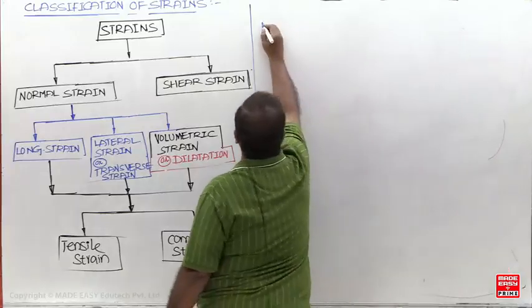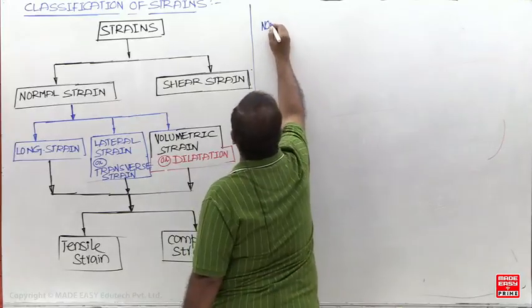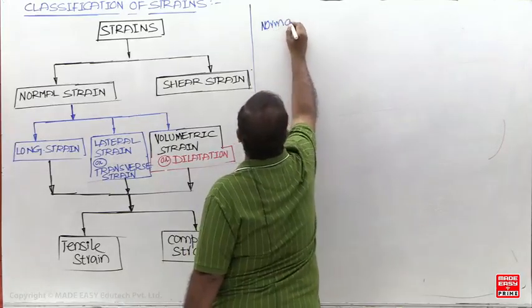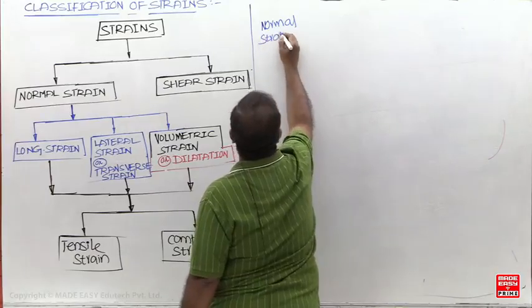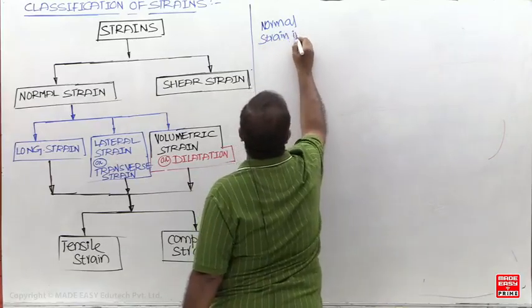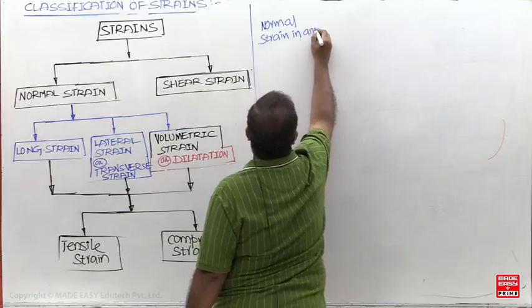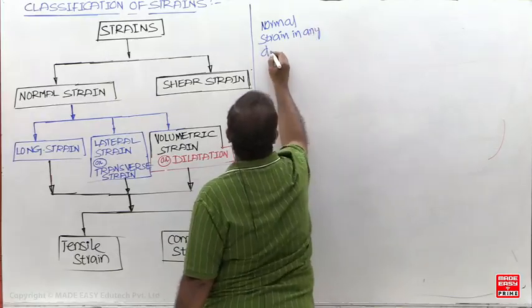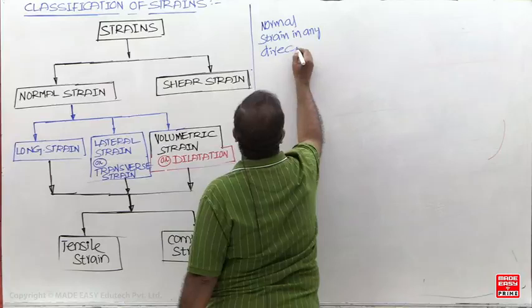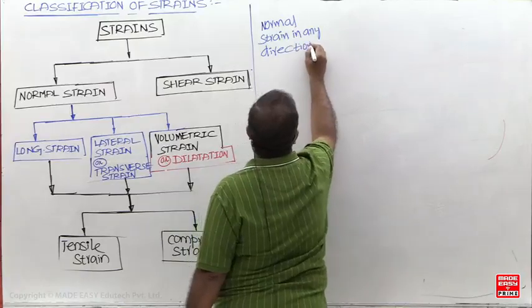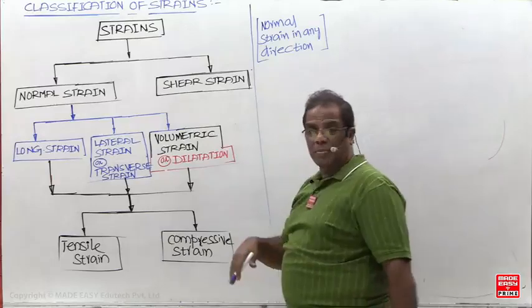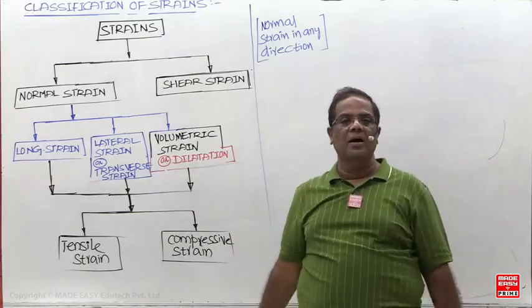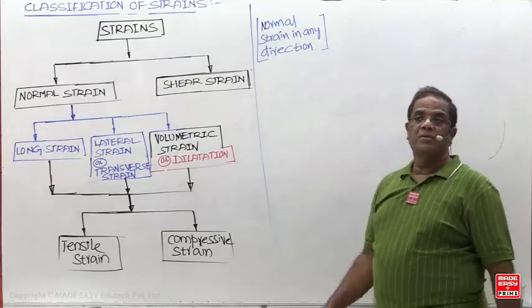But what is the generalized definition of normal strain? Suppose the normal strain at an angle of theta, what you had read. What is the definition?